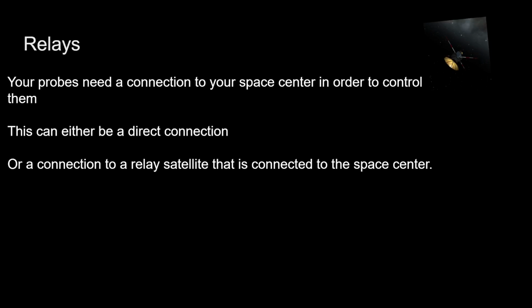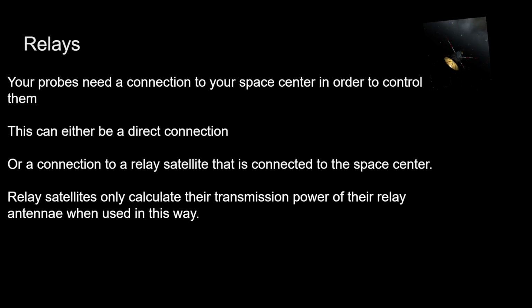And this can keep going. This is recursive. You can connect to a relay satellite, it's connected to another relay satellite, that's connected to another relay satellite, that's then connected to the space center. But as long as there's a chain that can bring you back to your target vessel, you will be connected.